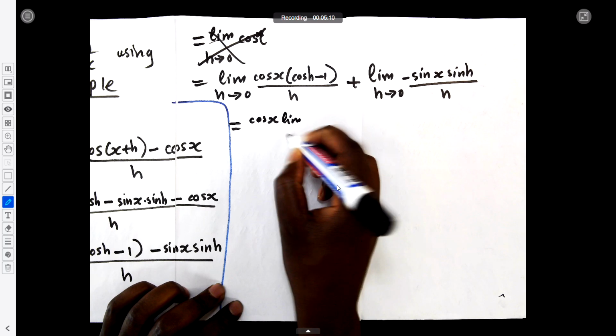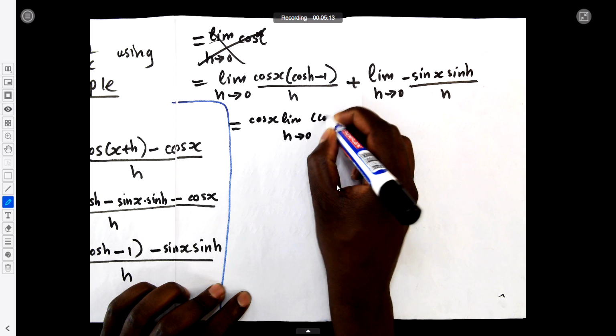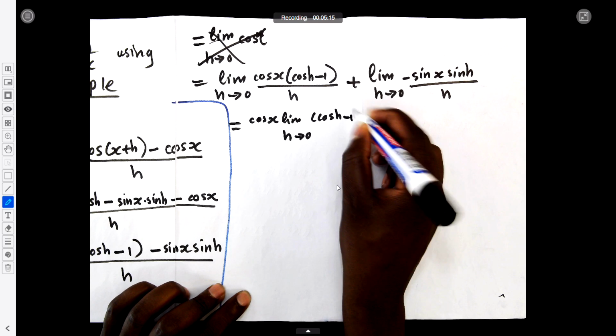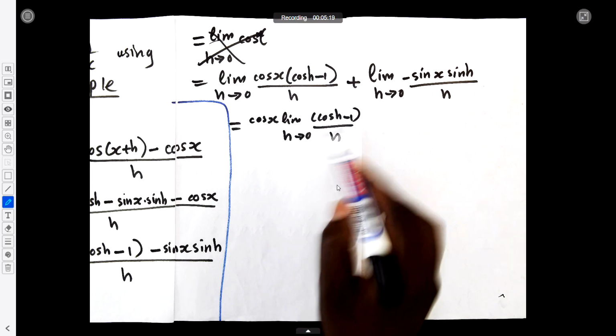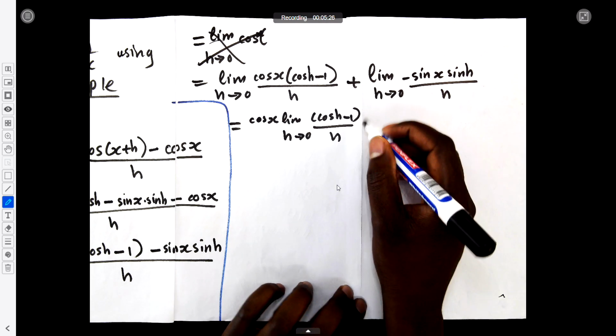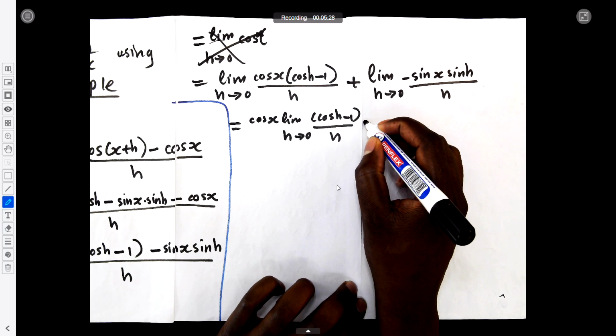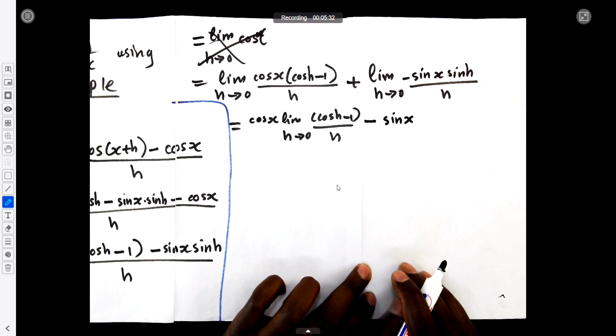Our limit h approaches 0. You'll be left with cos h minus 1, bracket all divided by h. We're just specifying that we still have to substitute h in there. Cosine x, treat it as a constant, since it doesn't have h in it as a function. Same thing with negative sine x, treated as a constant.